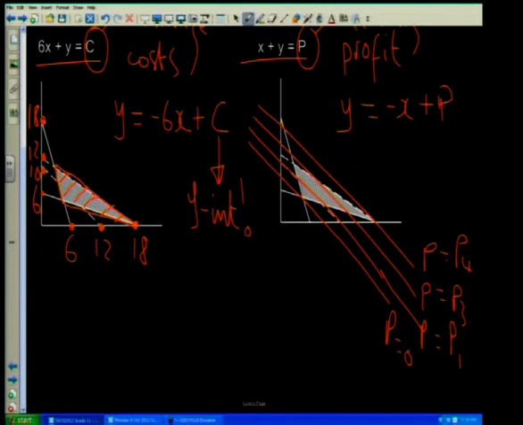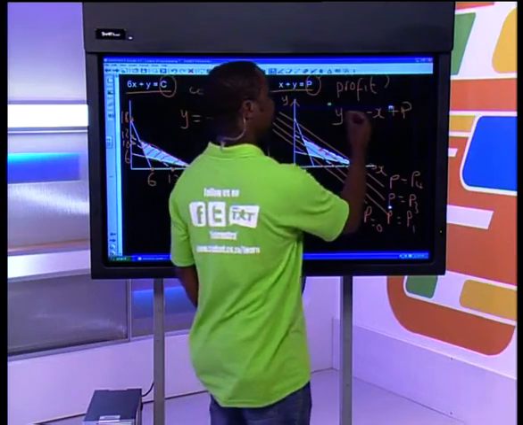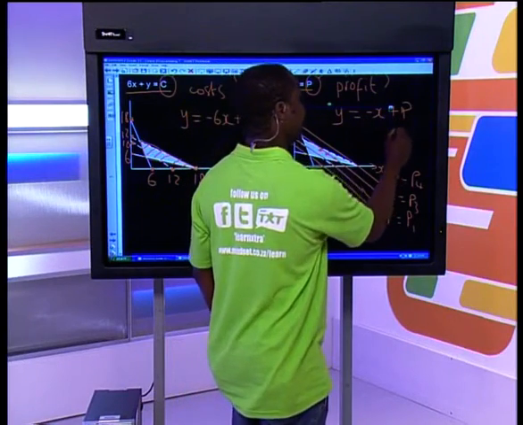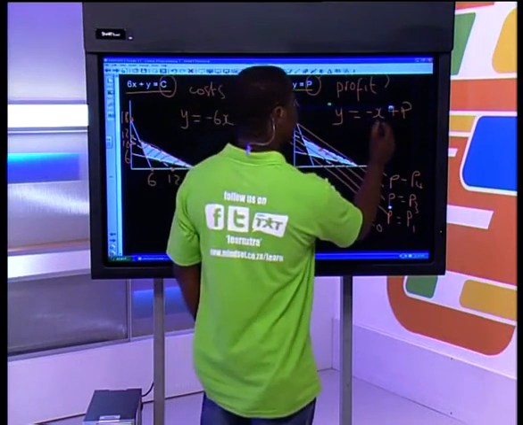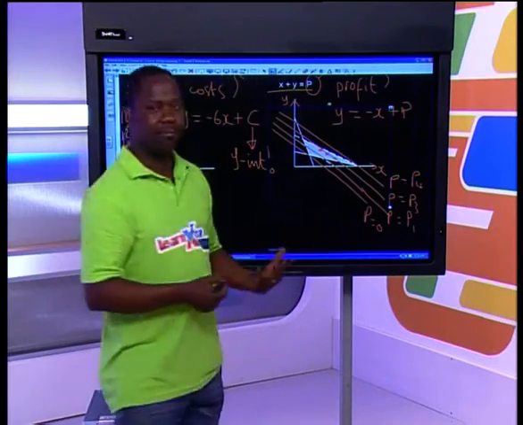So if you pick a point, let's say profit 3, if you pick any value, any combination of x and y, that is inside the region, you will get the same profit. As long as they are on that line, when you substitute into that equation and rearrange to find the profit, you will find that the profit is the same.